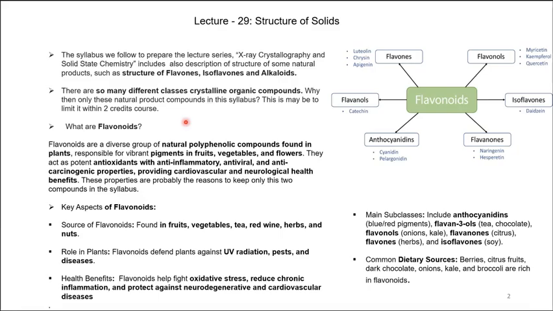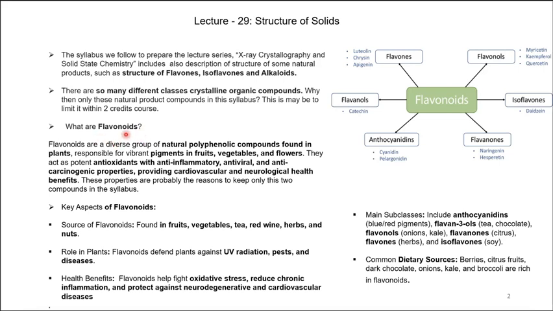So if we talk a little bit about flavonoids and their key aspects, and then take specific flavone and isoflavone structures, that would be the main idea of talking about the structure of flavones and isoflavones.